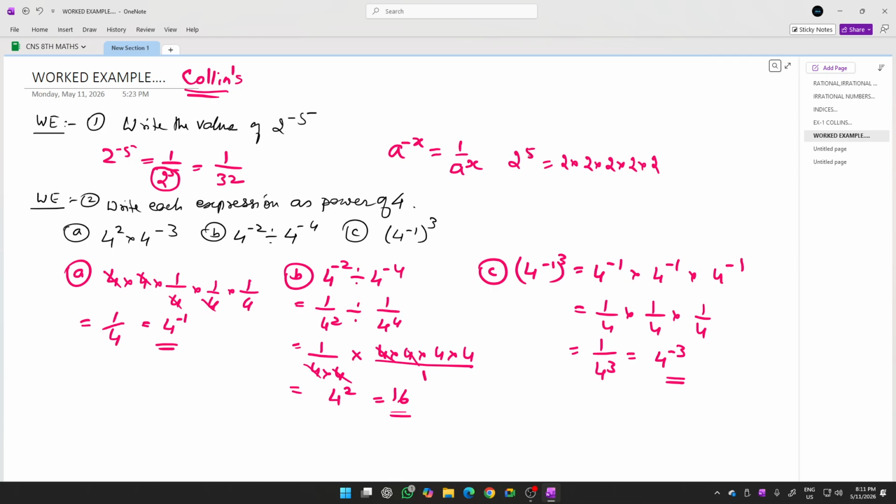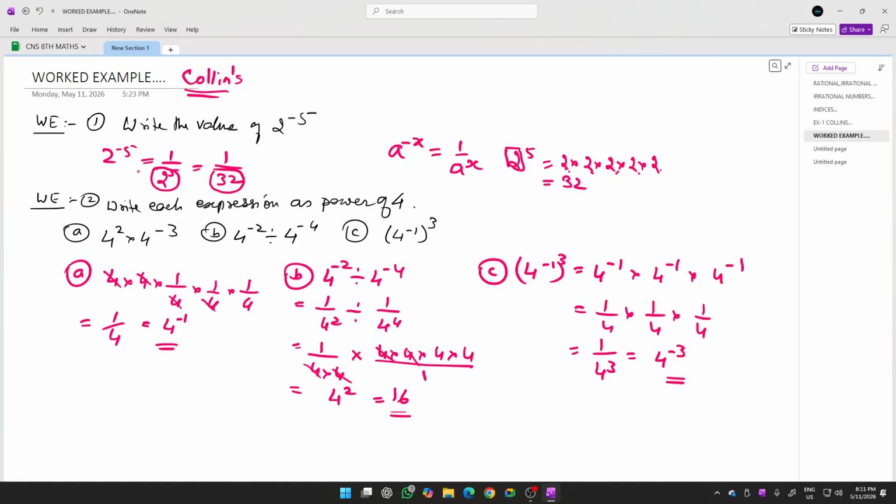You have to take the base 2 and multiply that base 5 times. 1, 2, 3, 4 and 5. And the ultimate answer for this is 2 twos are 4, 4 twos are 8, 8 twos are 16, 16 twos are 32. So my answer will be 1 upon 32.